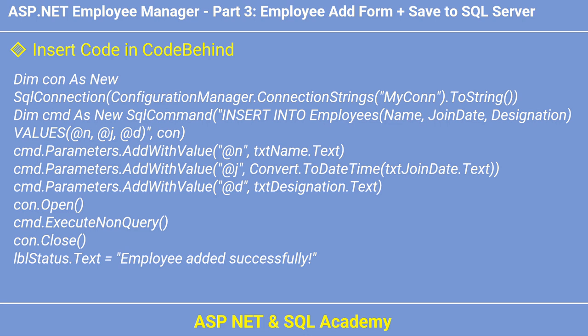After pasting the code, we save the file and then run the project to verify that the new functionality works as expected. This completes the step for writing and executing the code behind the Add Employee page.